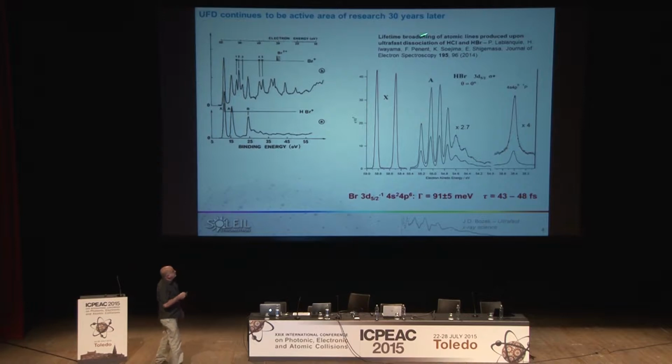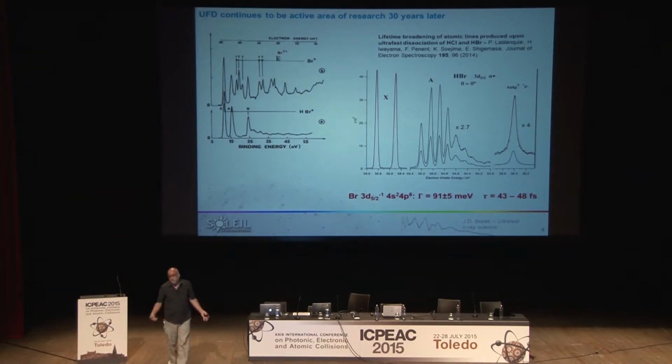And it's actually still, even HBr is still a current topic. Pascal Leblanc and his colleagues recently published a paper, and I know Pascal is here, looking at the lifetime of the atomic state in bromine.